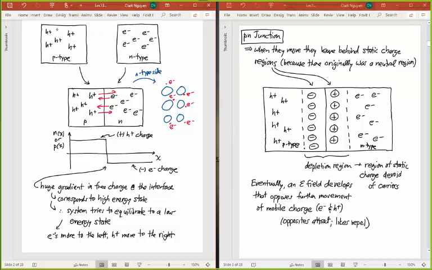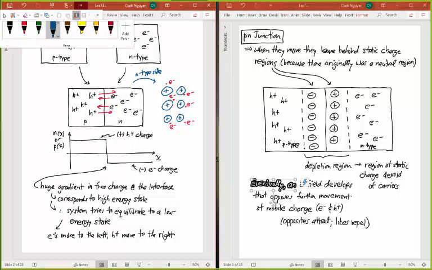So on the n-type side, I have something like this. Well, if these atoms release those electrons, then basically they're positively charged. But that whole n side stays neutral because on average, the electrons are moving around. So they're not just staying still. They're mobile carriers.